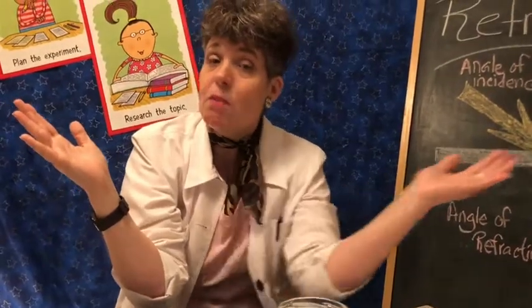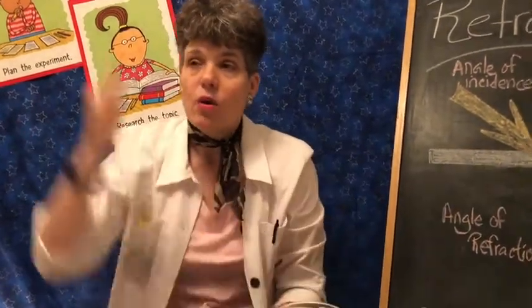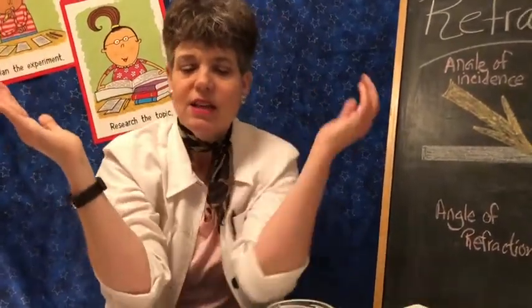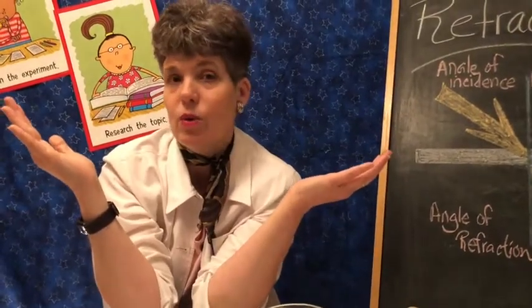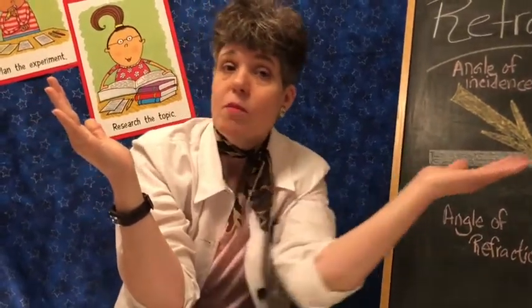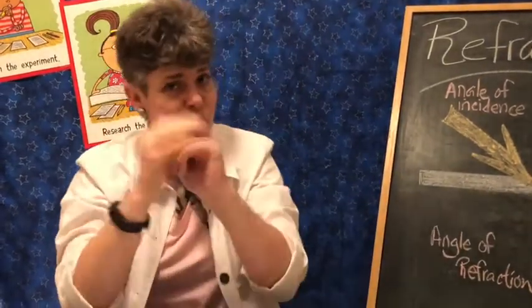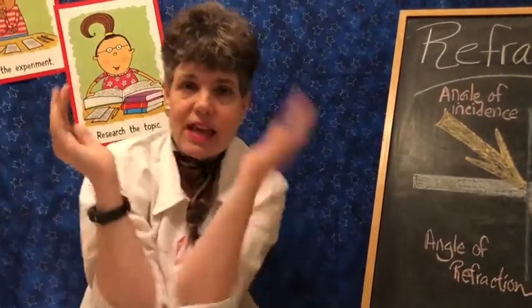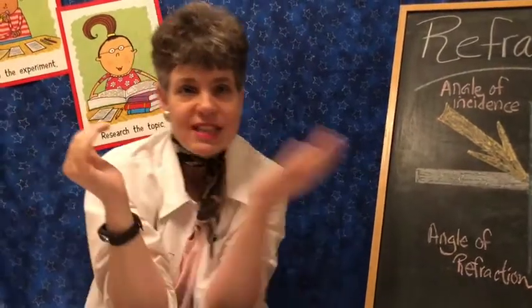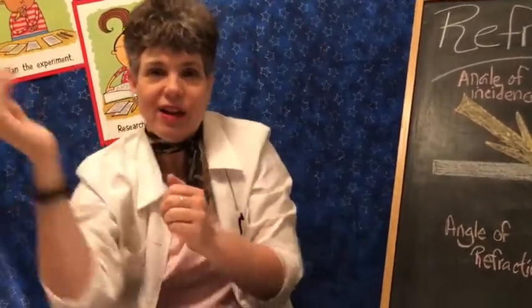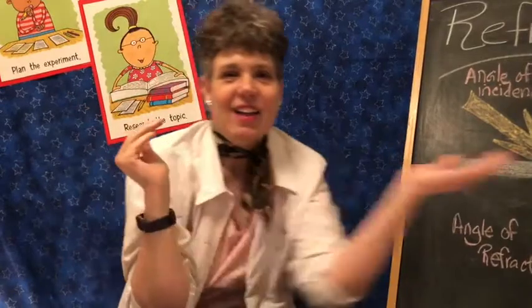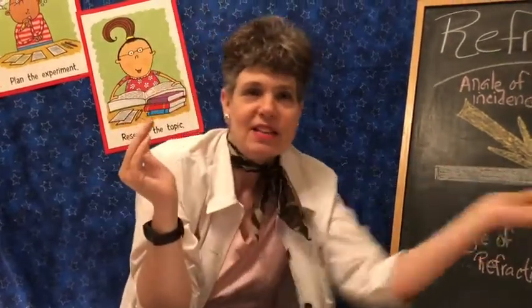But we have to bend this time. So we have the angle of incidence. We're going to pretend that we hit this table and move on and bend as the angle of refraction. Are you ready? One more time. Angle of incidence, angle of refraction. Angle of incidence, angle of refraction. All right, we got the music going on. Okay, more like disco dancing per se.